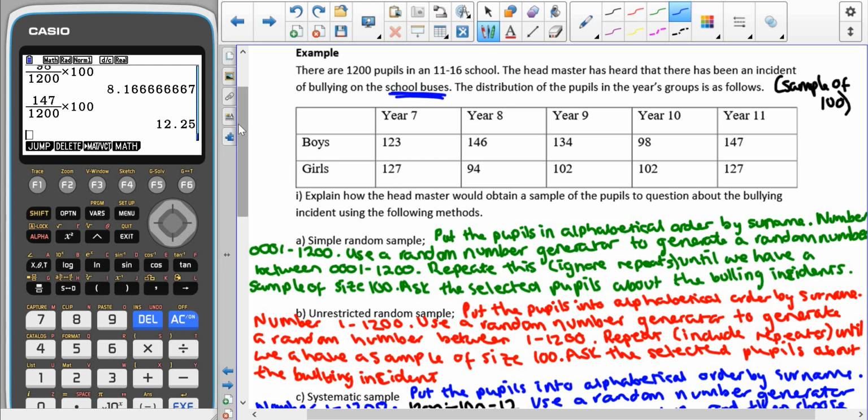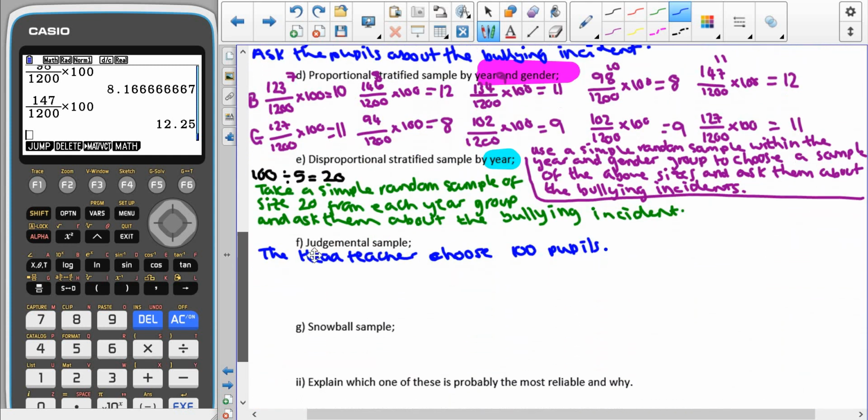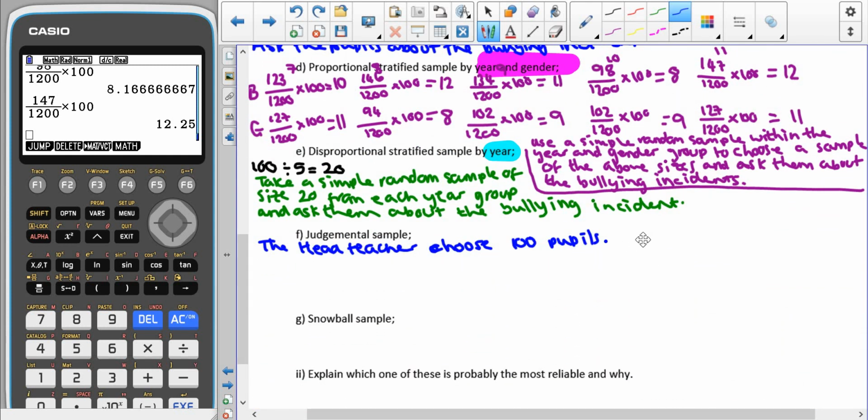So it would be a good idea for the head teacher to choose pupils that he knows take the school bus. So the head teacher is going to choose 100 pupils who take the school bus about the bullying incidents.